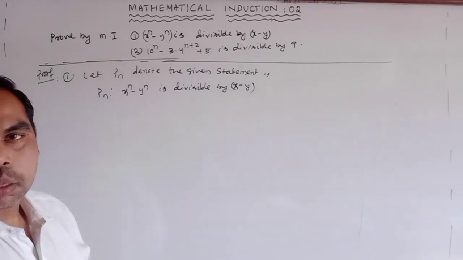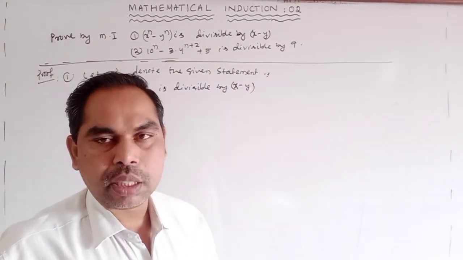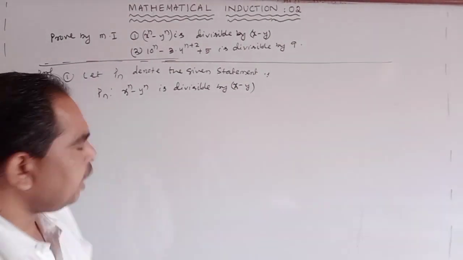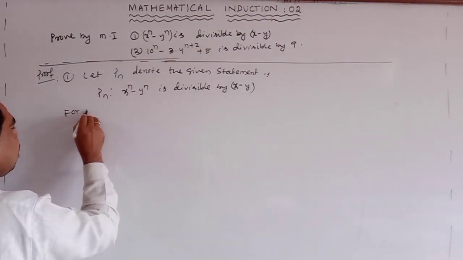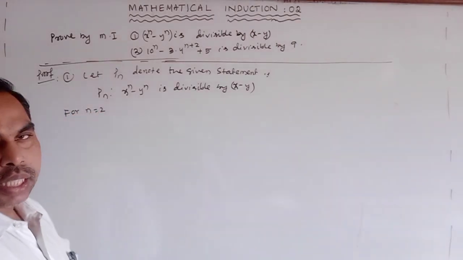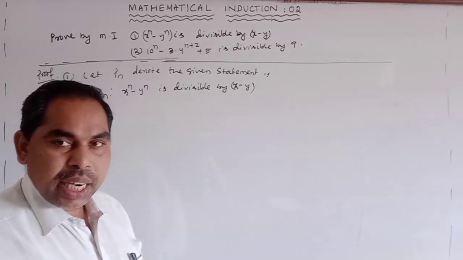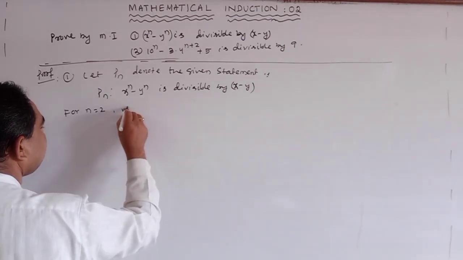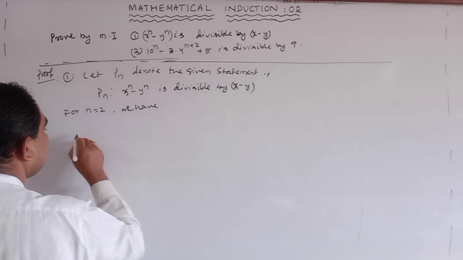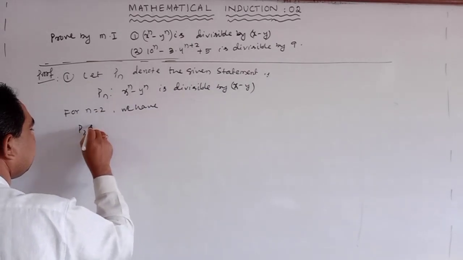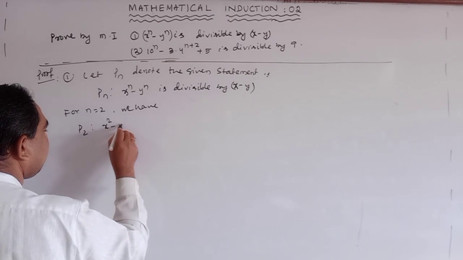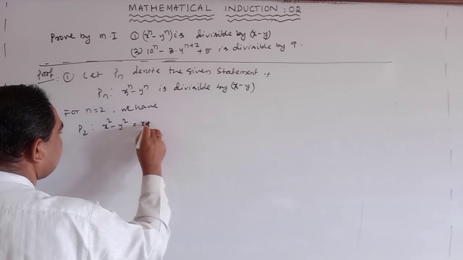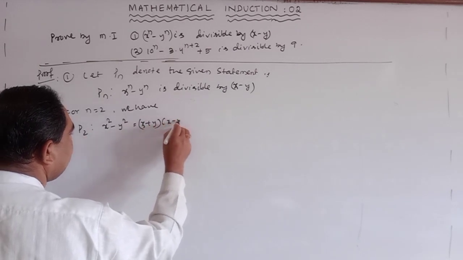For n equal to 2, or you may take 1 or 3 or 4 and so on. So for n equal to 2, we have P2 such that x square minus y square is equal to x plus y into x minus y.